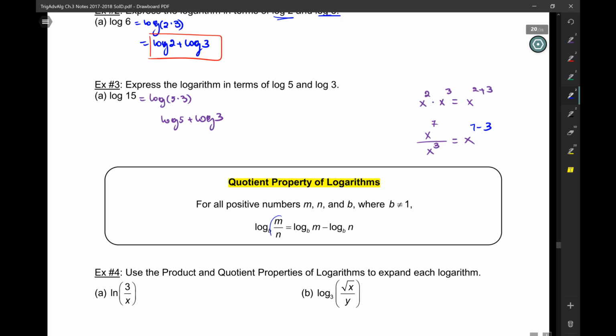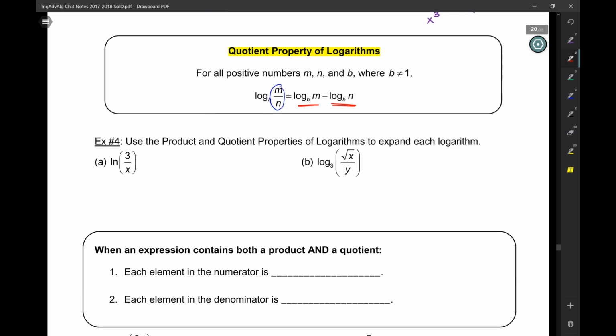When you have a logarithm of a quotient, something divided by something else, you have to split them up and subtract. A logarithm is an exponent. So if it's the logarithm of one thing divided by something else, you have to subtract the power. So you subtract them.